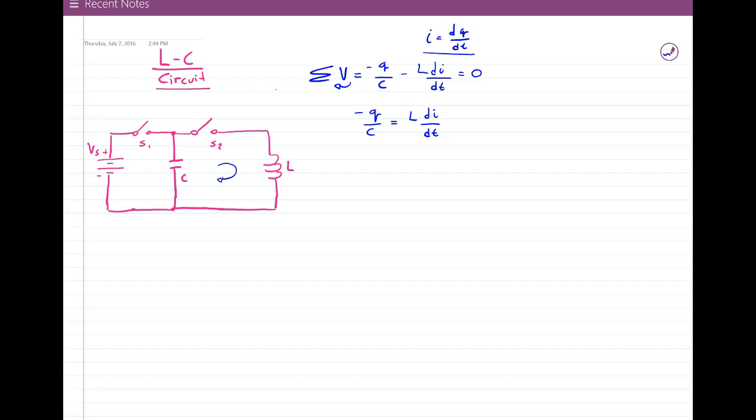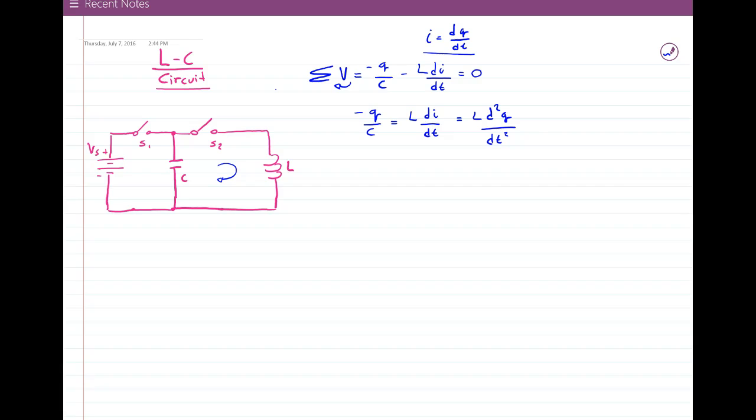Make sense? Now I'm going to divide through by L, so I'll have negative 1 over LC times Q is equal to the second derivative of Q with respect to t. So that's a second order differential equation, right?